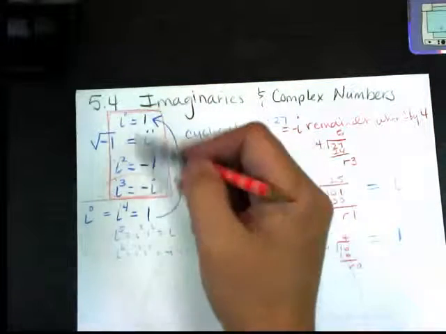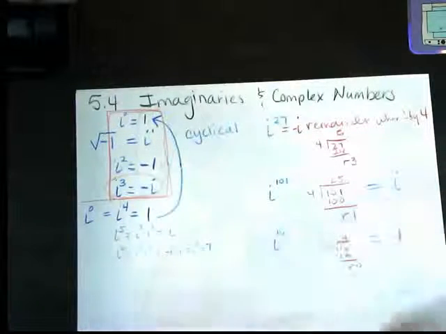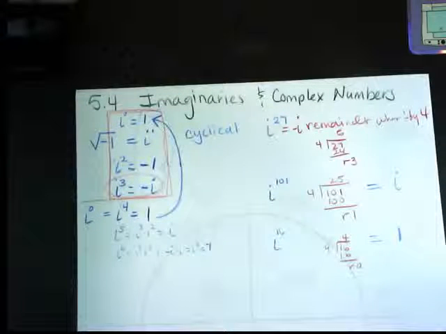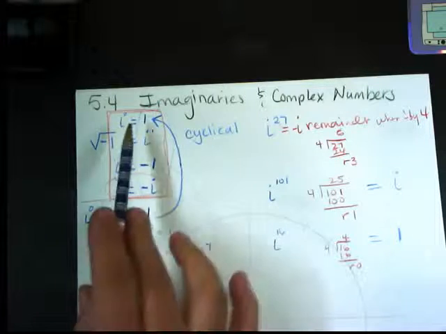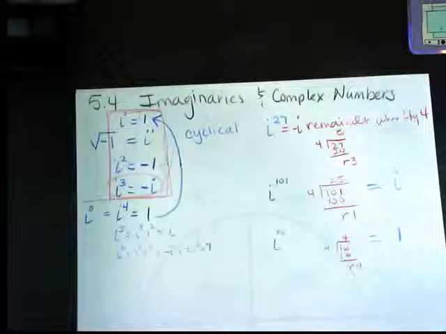Those are always the values. No matter what exponent we have, those are the only 4 values we can come up with. And we can come up with the value by dividing the exponent by 4 and seeing what the remainder is. The remainder is the exponent. Exponent 0, exponent 1, exponent 2, exponent of 3.